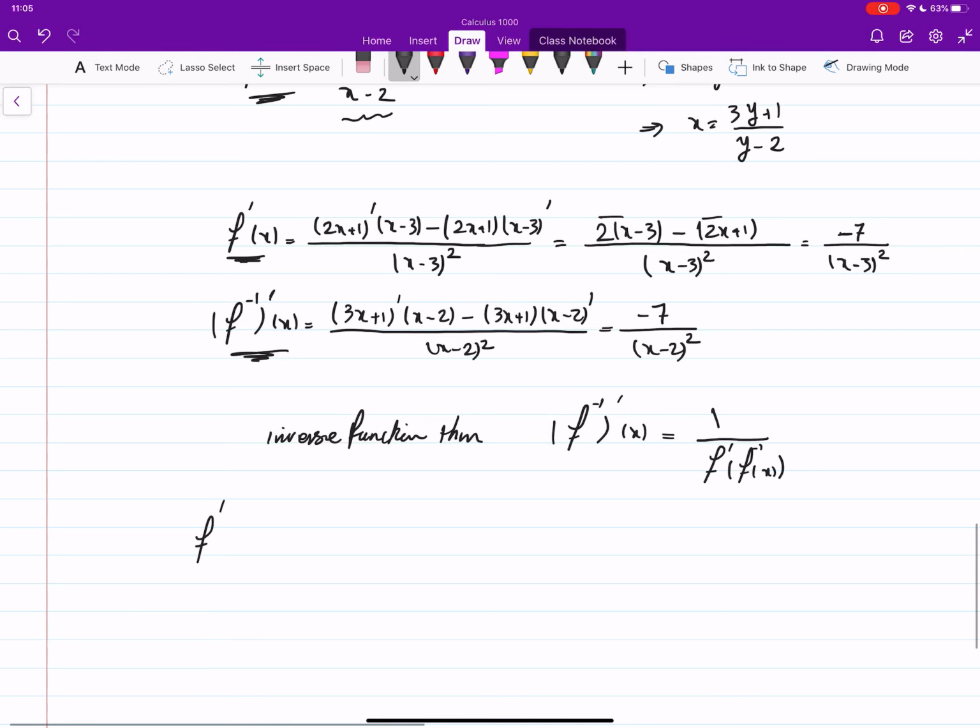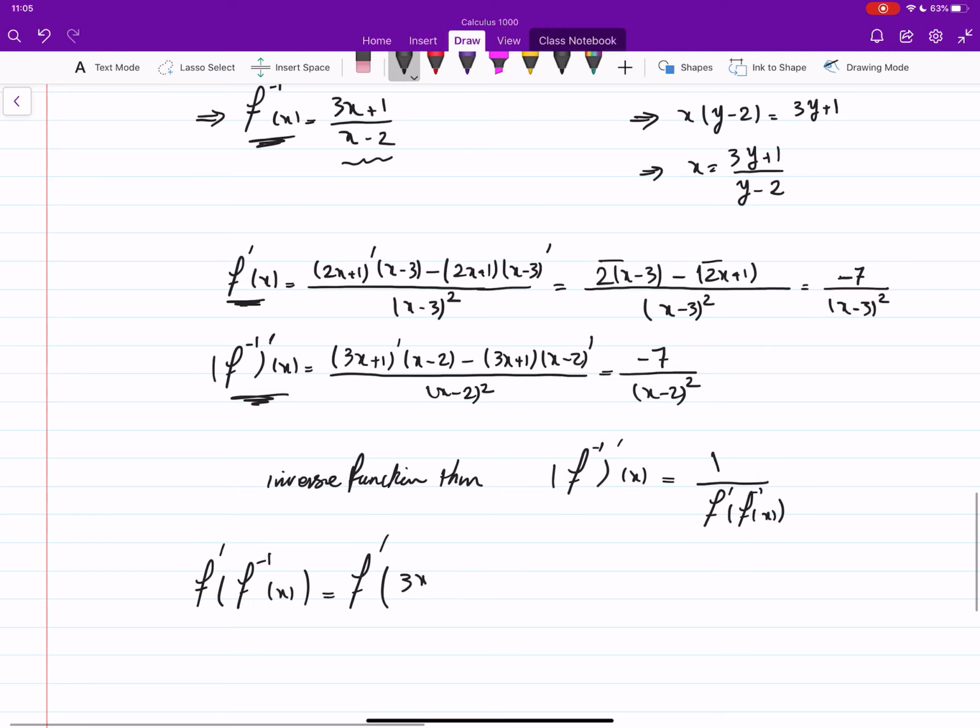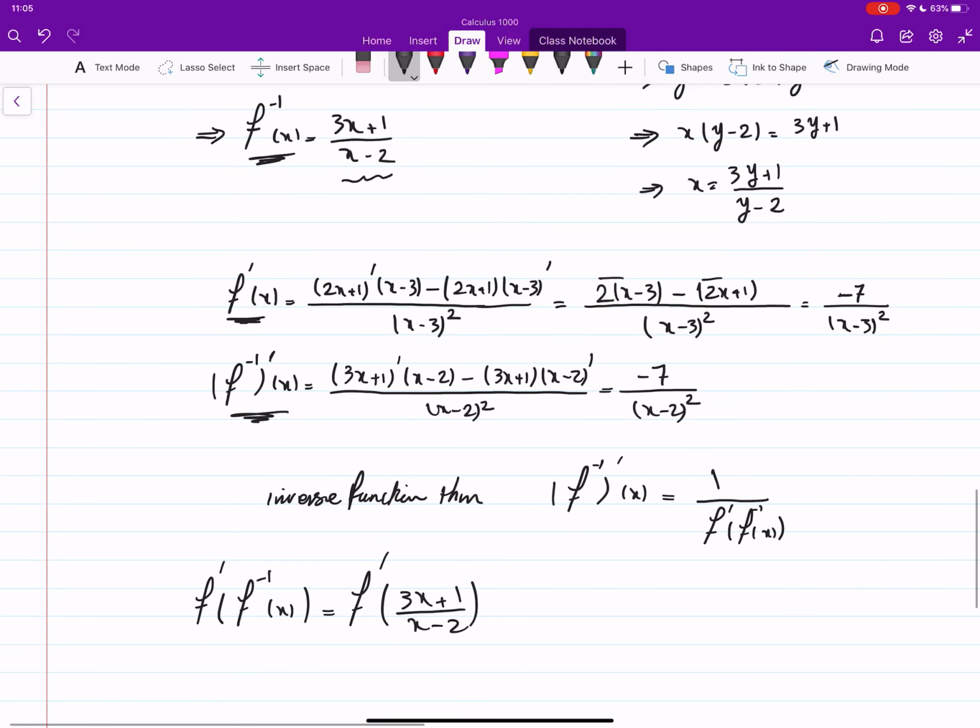F prime evaluated at f inverse of x is f prime evaluated at 3x plus 1 over x minus 2. What is f prime? It is negative 7 over x minus 3 squared, where instead of x you put 3x plus 1 over x minus 2.